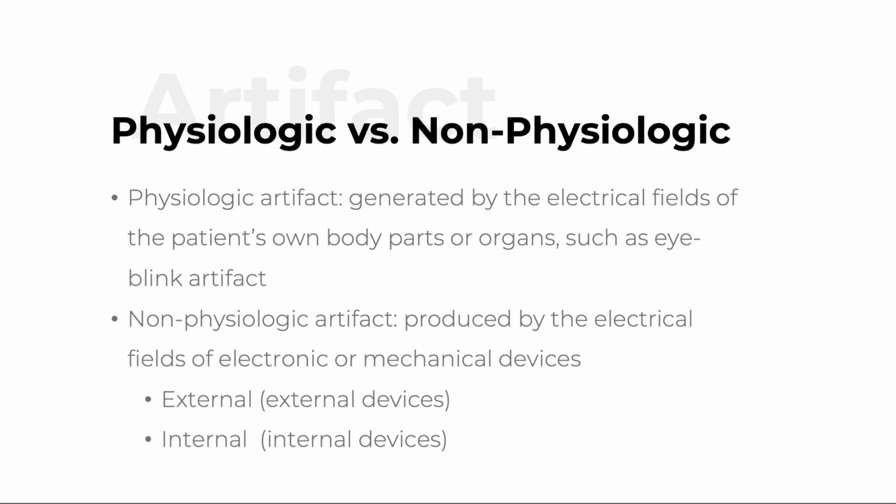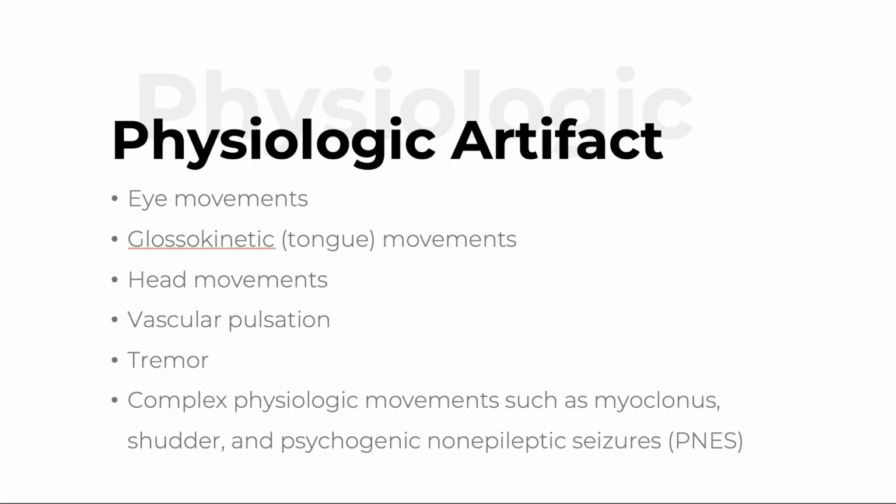An internal device, like a responsive neurostimulator or a vagal nerve stimulator, something actually implanted in the body, can generate artifacts. An external device is obviously something that's not implanted in your body, like a ventilator, machines causing water to move through the tube, things of this nature. So we'll get into that.